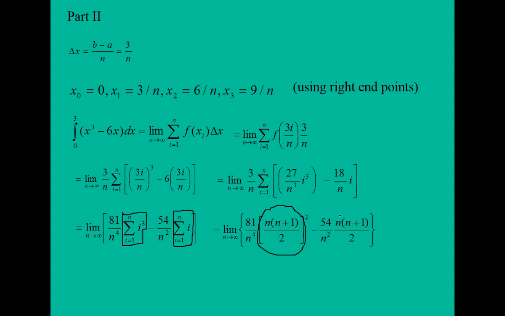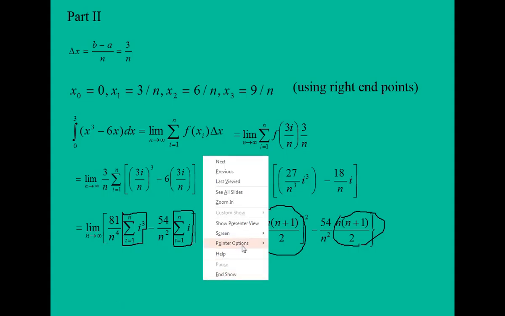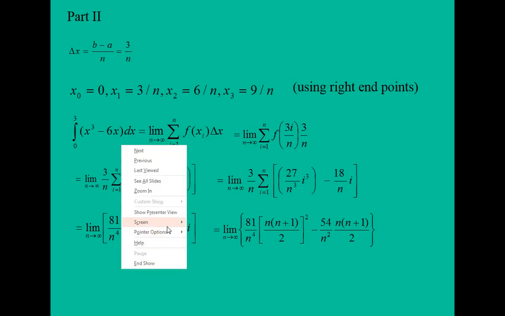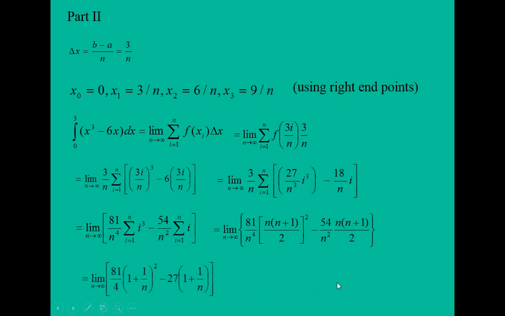We know that is equivalent to n times n plus 1 all over 2, this quantity here. Now we can look at evaluating our limits. So if we evaluate this limit, we get negative 6.75.